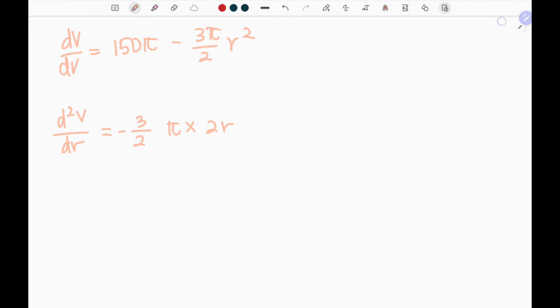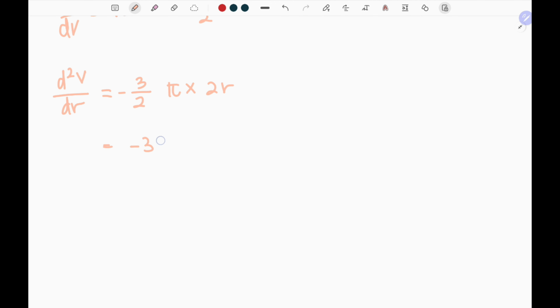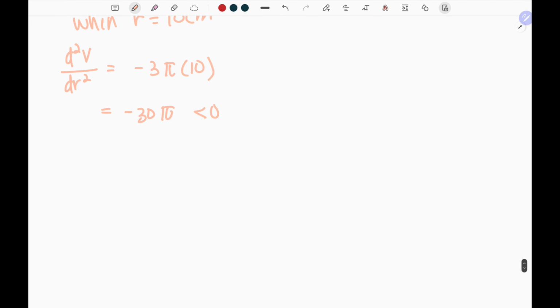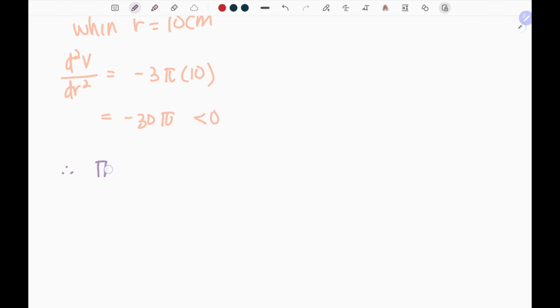Then we get negative 3 pi R. When R equal to 10, d square V over dR square equal to negative 3 pi multiplied by 10. Then we get negative 30 pi, less than 0. This is the maximum value. The conclusion is very important. So, the volume of the cylinder is maximum when R equal to 10.